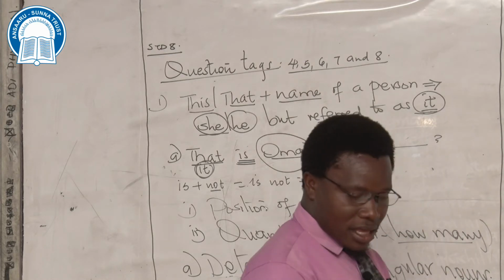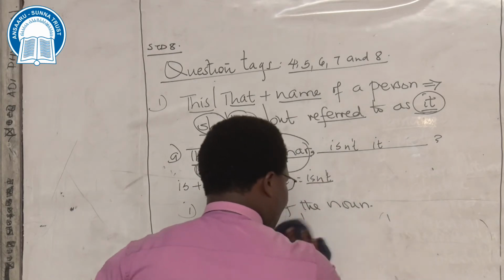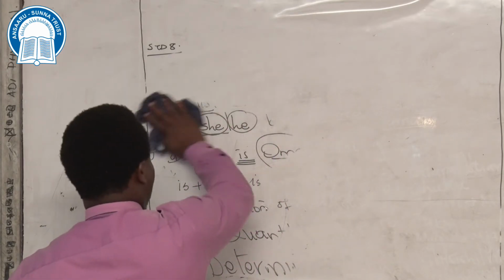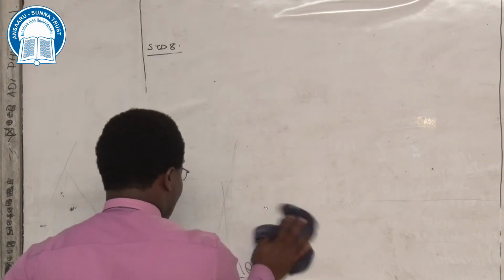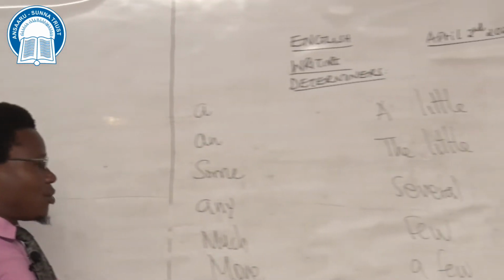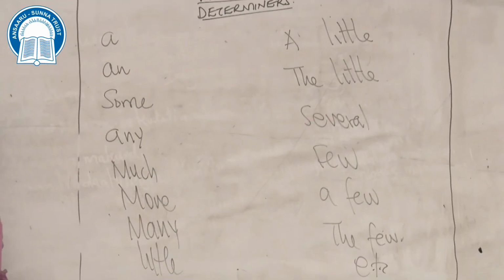To begin with, I would like us to remember the following before we explain these determinants. These determinants, as I've said, are words placed before nouns. And when they are placed before nouns, they are used to determine two things in a noun.